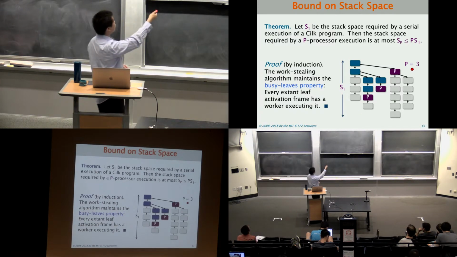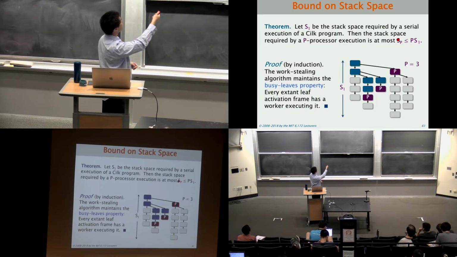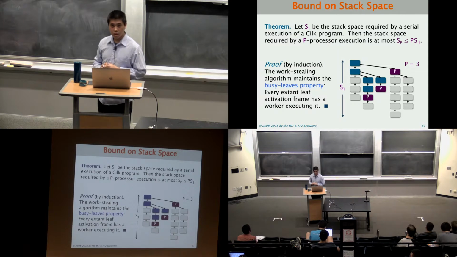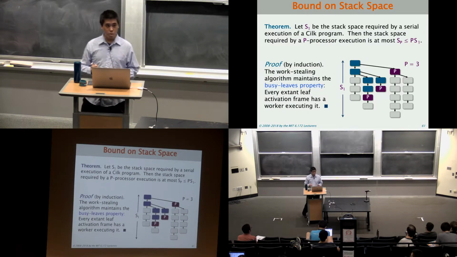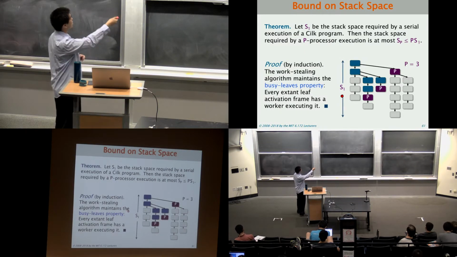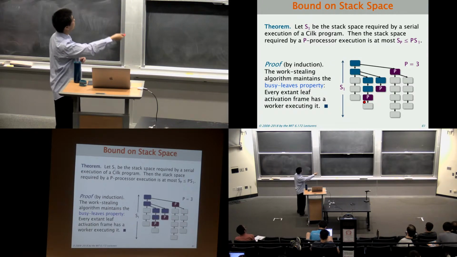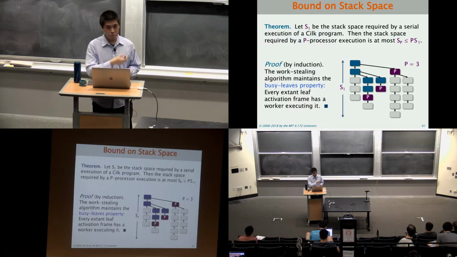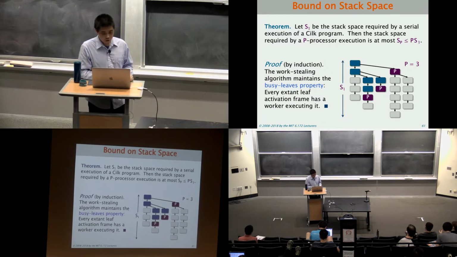We do this for every processor, so the upper bound on the stack space required by P processor execution is just P times S1. In general, this is a quite loose upper bound because you're not necessarily going all the way down in this computation DAG every time. Sometimes you will be, but usually you'll be much higher in this computation DAG.